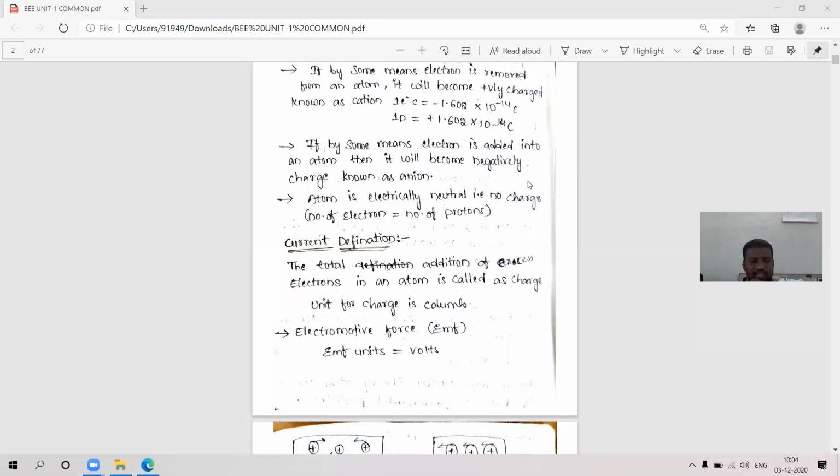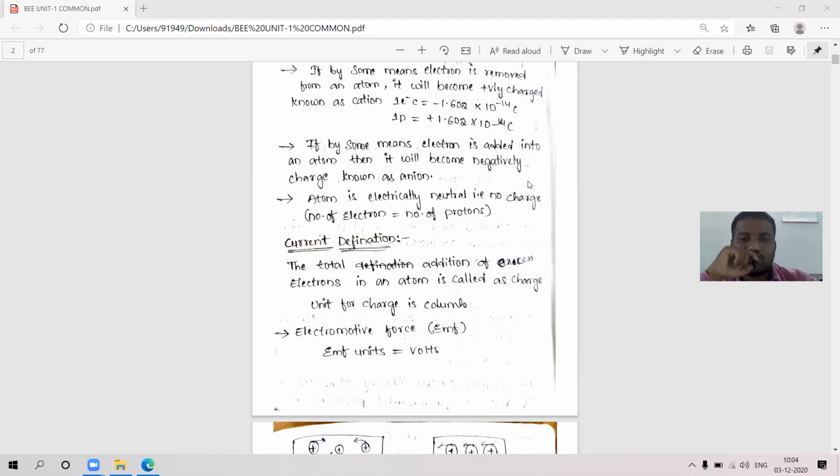That means we are sending some electrons such that the battery is charged up. Like that, we can define that the total addition of excess electrons in an atom is nothing but a charge. That is the definition you need to write.